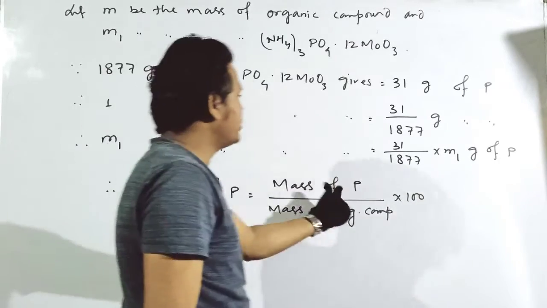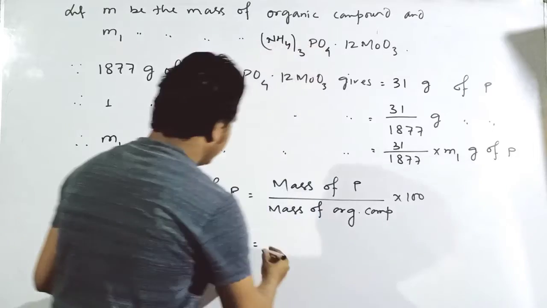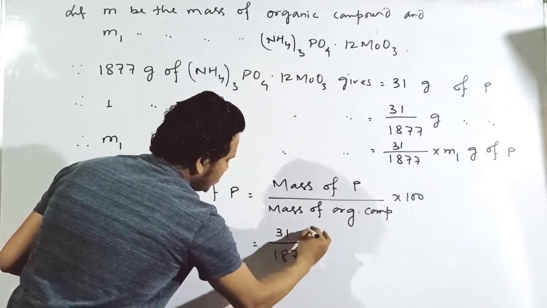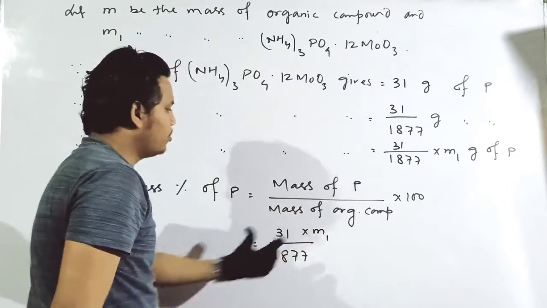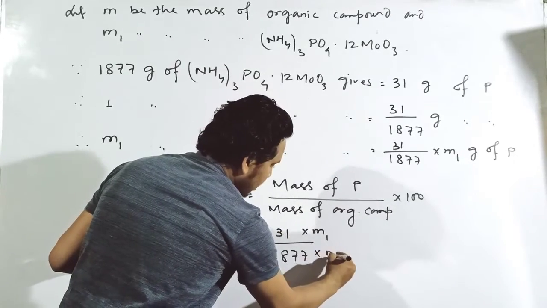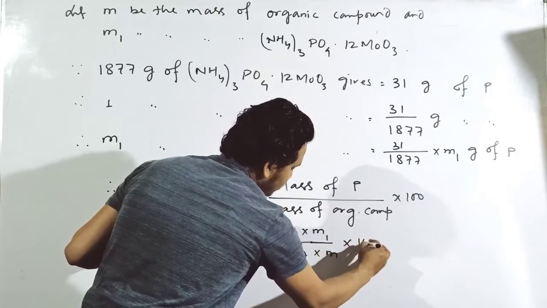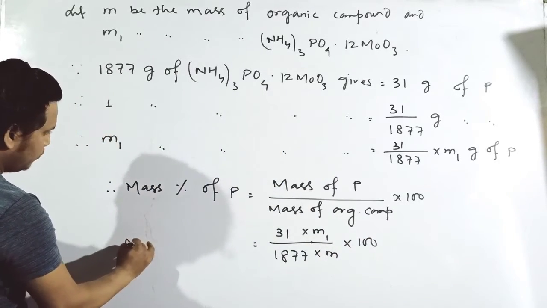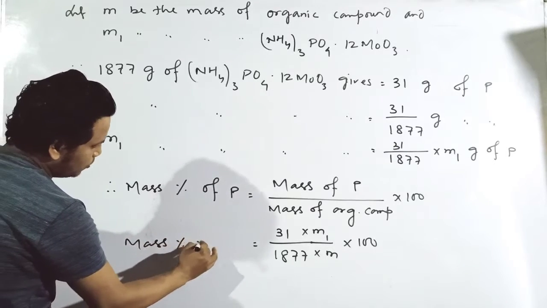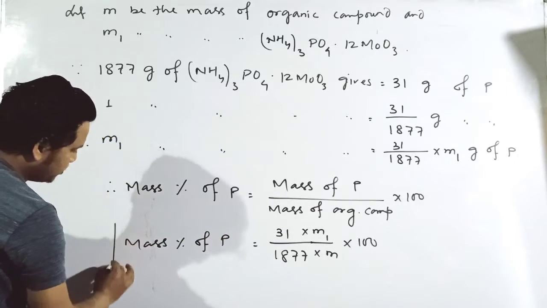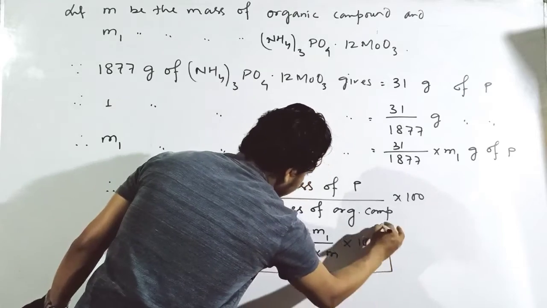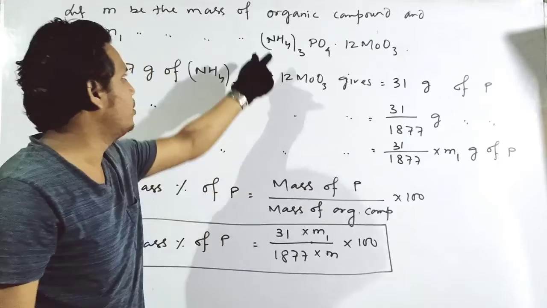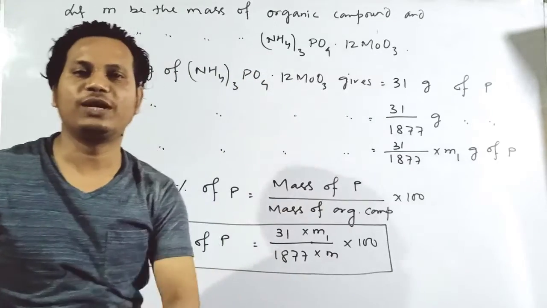The mass of phosphorus is 31 by 1877 into M1, and the mass of the organic compound is M, multiplied by 100. So this gives us the mass percentage of phosphorus, if we are obtaining it from ammonium phosphomolybdate.